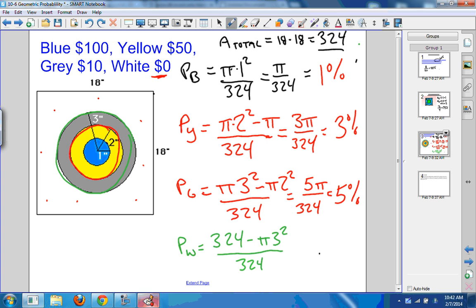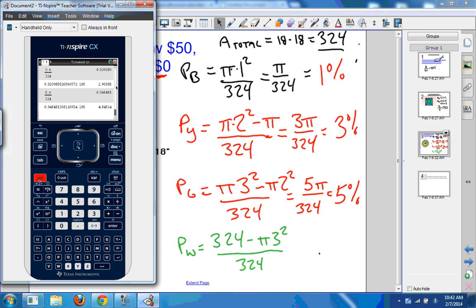Alright, I'm going to make a fraction in my calculator. 324. Oh, I'm not doing this right. 324 minus 3 squared is 9 pi, divided by 324. And we get this. If we multiply it by 100, we get 91.2, or we'll call it about 91%.